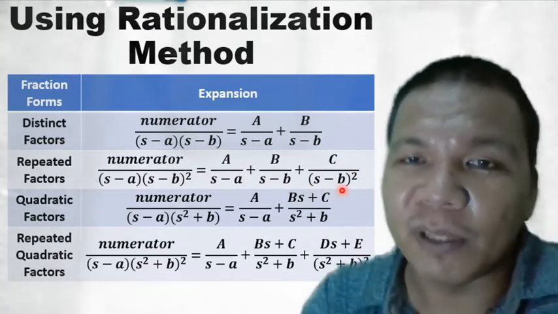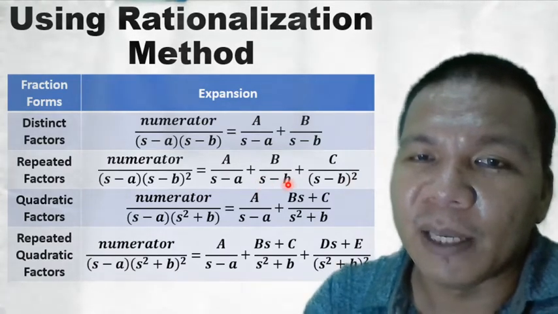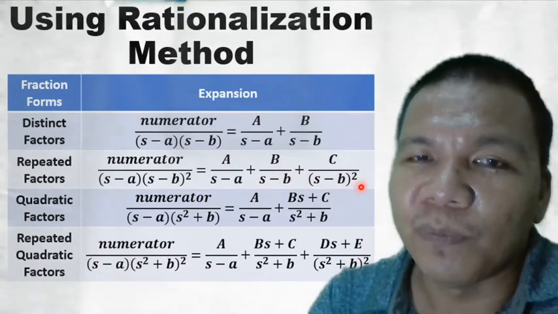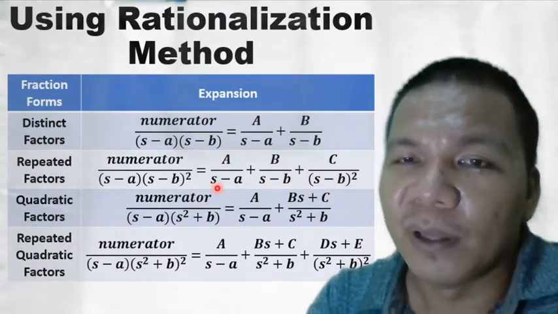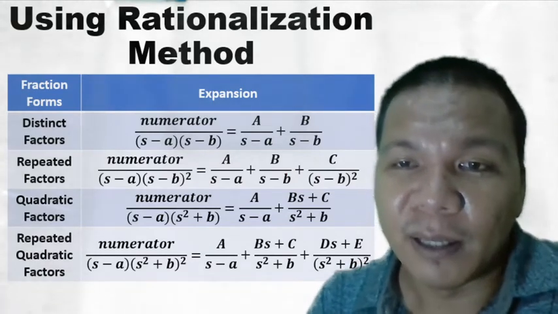For the repeated factor, first you write s minus b with a degree of 1, and then s minus b with a degree of 2.